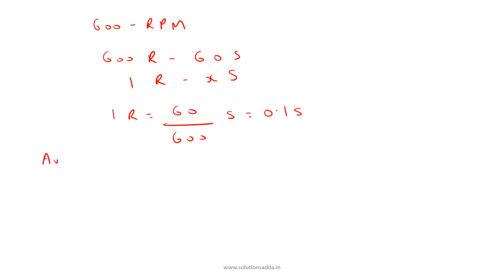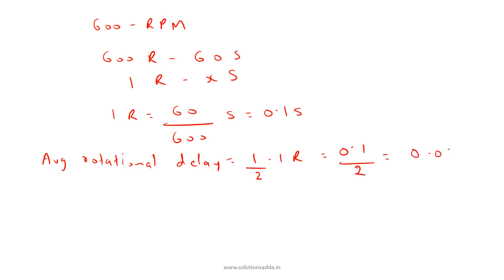So average rotational delay is equal to half of one rotation, which is 0.1 divided by 2, that is 0.05 seconds. This is equal to 50 milliseconds.